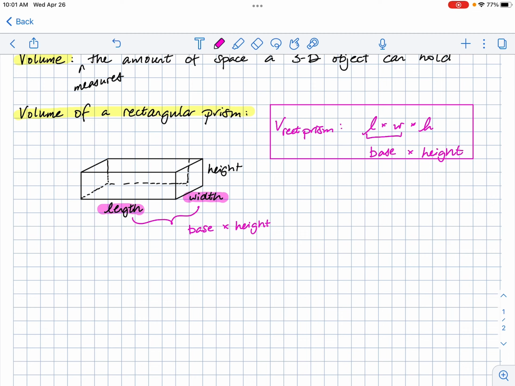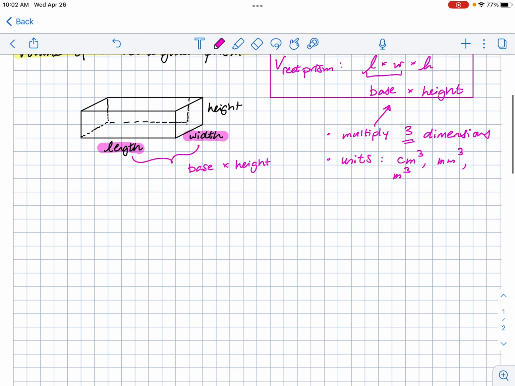Just remember that in both cases. And remember the units of measurement: because it's 3 dimensions, you can have cubic centimeters or centimeters cubed, millimeters cubed, or meters cubed. Those are the most common units.